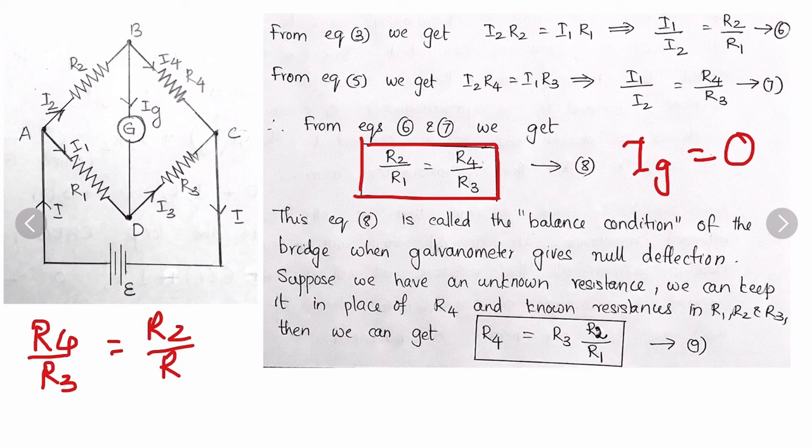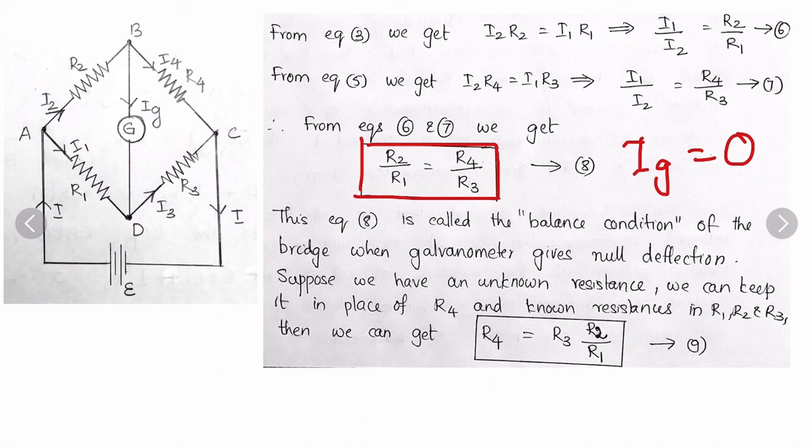The Wheatstone bridge is very important, because based on it we have other topics, meter bridge and potentiometer, which are very useful. With the meter bridge you will do experiments like finding the unknown resistance and resistivity, and with the potentiometer, comparing the EMFs of two cells and finding the internal resistance of a cell.